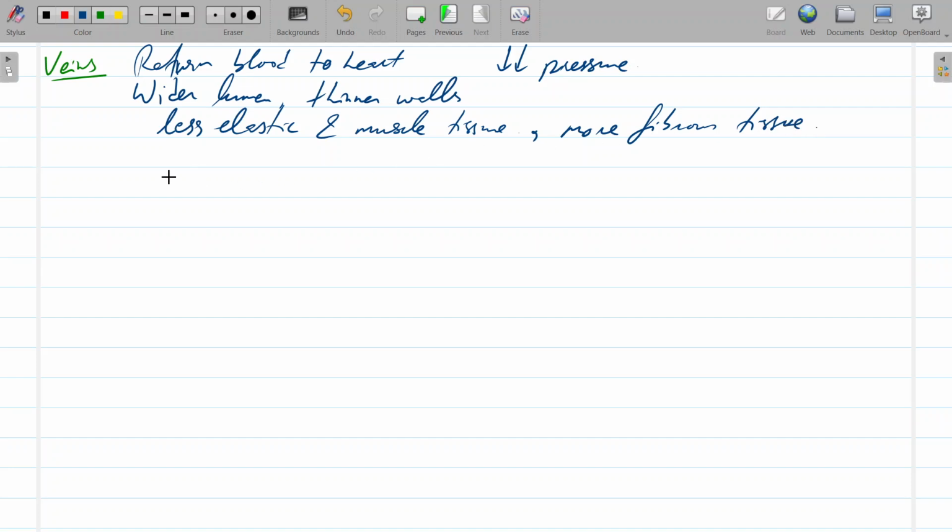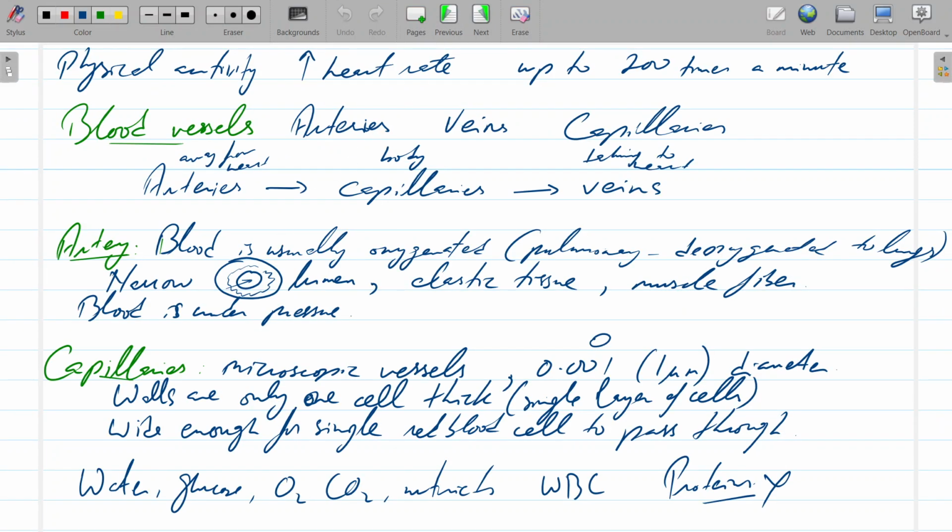And as I mentioned, they have valves. Veins overall have valves, and that's because the pressure of the blood in arteries is so high that it's being pushed in one direction. Also you have that elastic movement and the contraction of the muscles, so they all push the blood one way.